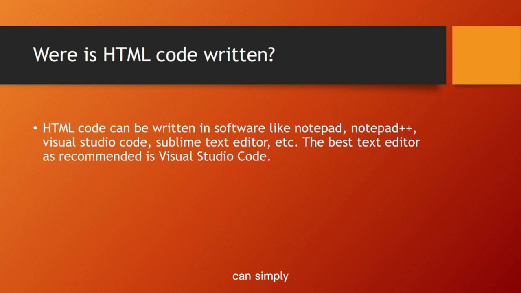Then you can simply write the code in your favorite code editor, as mentioned, and then you can run the code. The best text editor, as recommended, is Visual Studio Code, because I also use Visual Studio Code because it gives us so many functionalities and extensions which make coding easier, more comfortable, and faster.